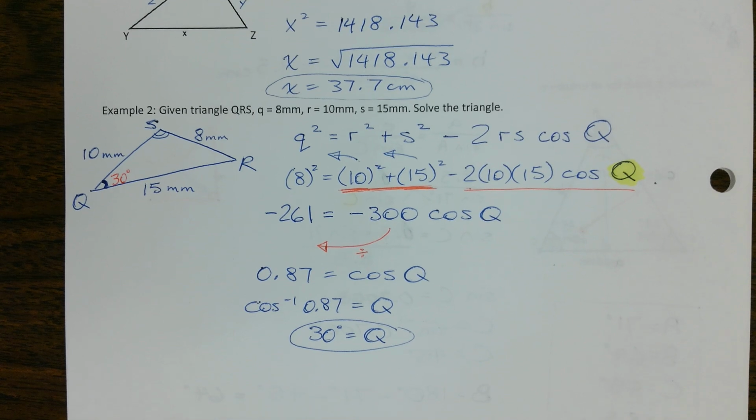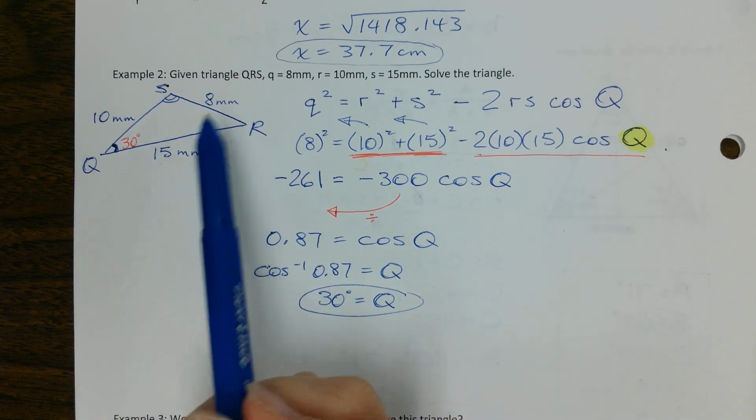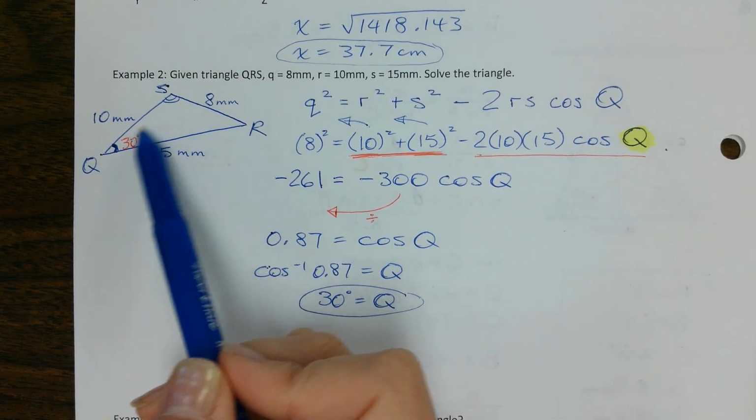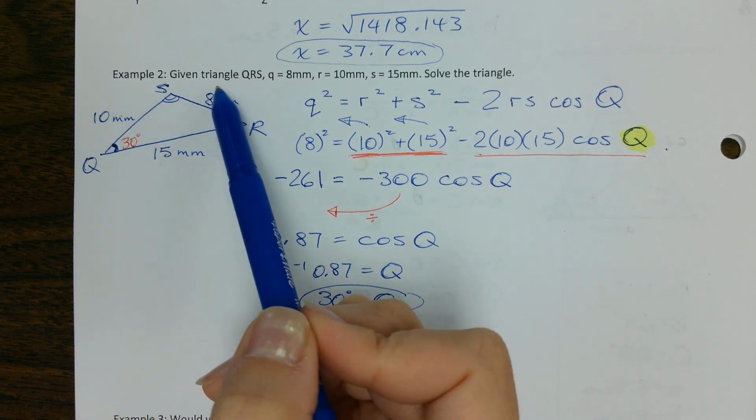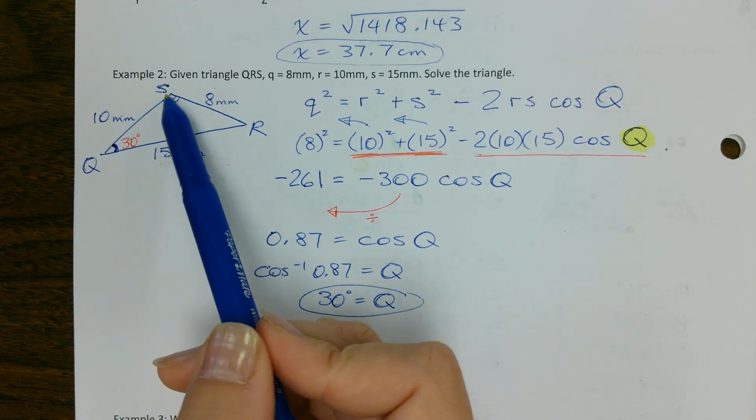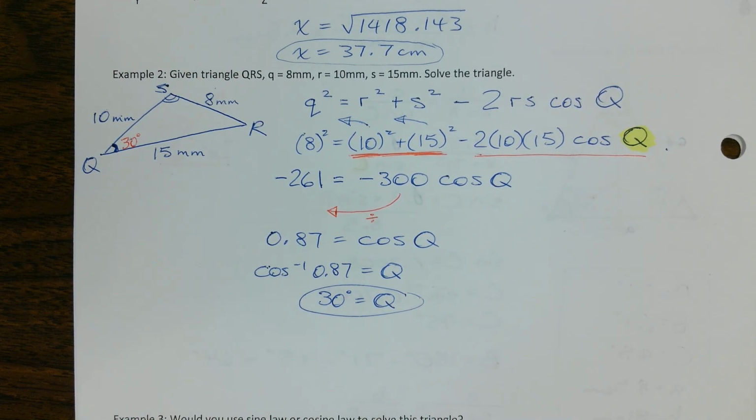But nobody put up their hand, so everybody's wrong, except Fabio. Oh, I see. So who says you can use both? Yeah, participation. Good. You could use both, because now I have a pair, and I am also given all three sides. So I could use either or.